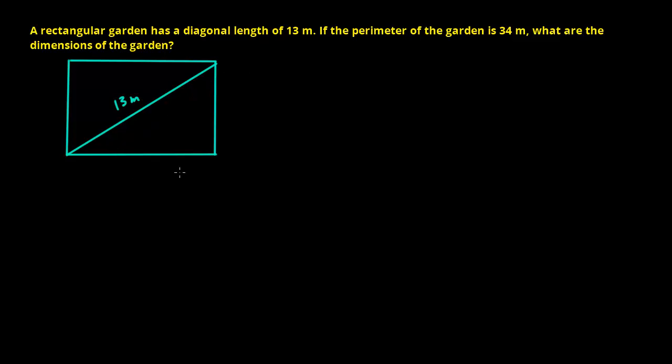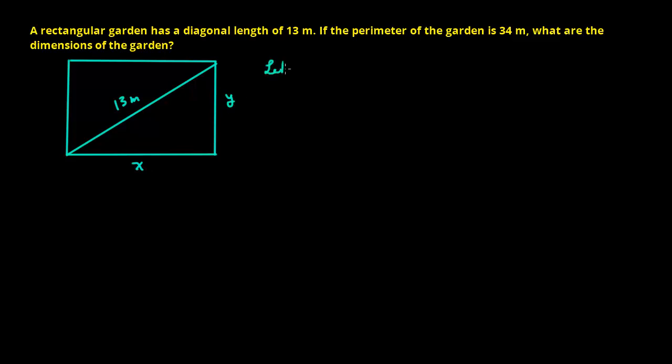We know that the perimeter of the garden is 34 meters, so let's figure out some ways that we can piece together this information. So next thing I'm going to look at is, what am I asked to solve in this problem? The question asks us to figure out the dimensions of the garden. I don't know what the dimensions are, so let's introduce some variables, x and y.